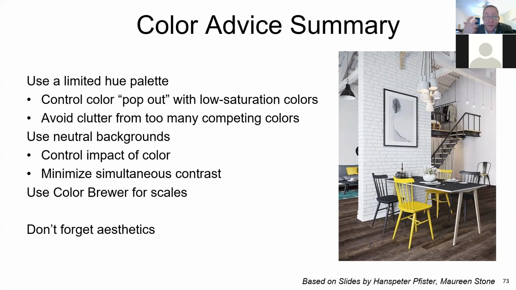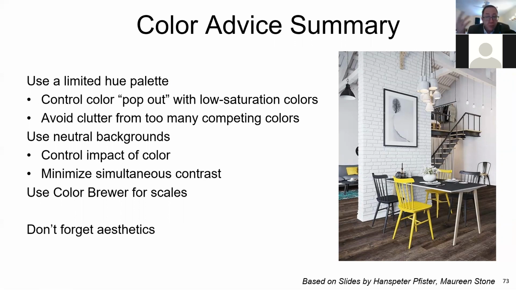You don't want a whole lot of ultra-saturated colors because you won't know the signal from the noise. You're trying to avoid clashing and competing colors. You want neutral backgrounds to control the impact of the color. And you want to minimize simultaneous contrast so you don't just blow people away with bright saturated colors everywhere, because people are staring at this and it's a lot to take in.